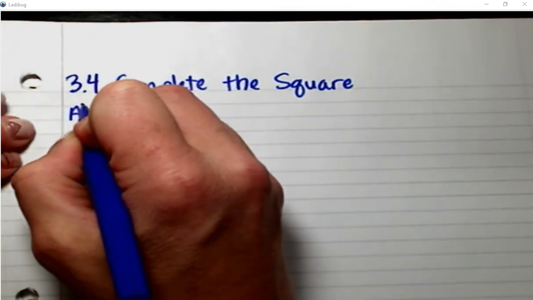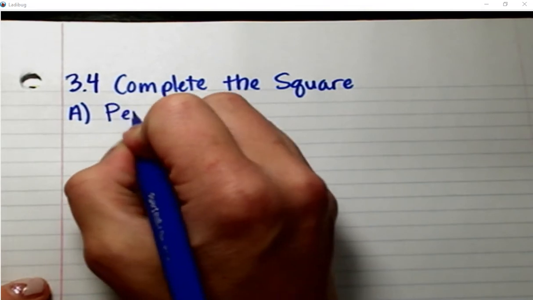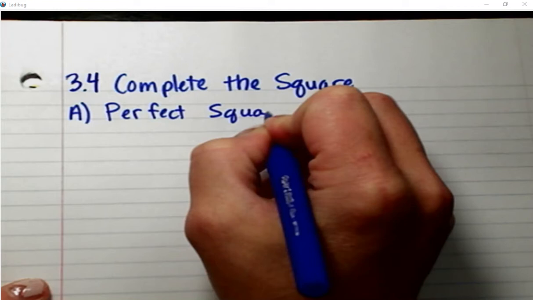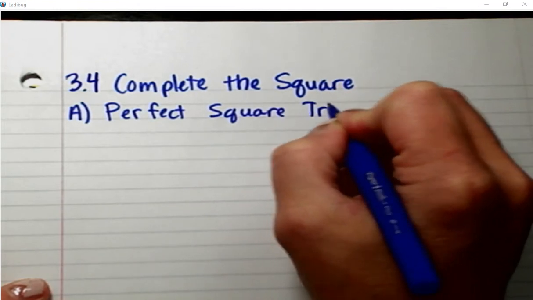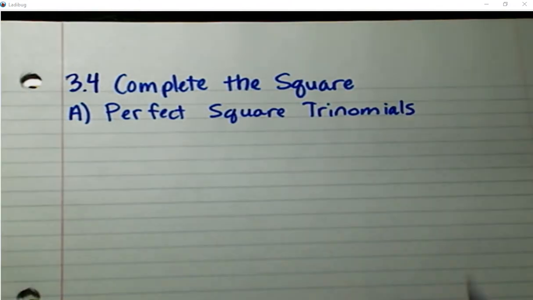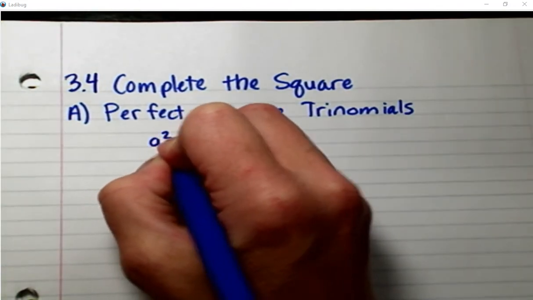So the first thing we're going to do is talk about perfect squares, and actually perfect square trinomials. I'm going to write down that formula again.